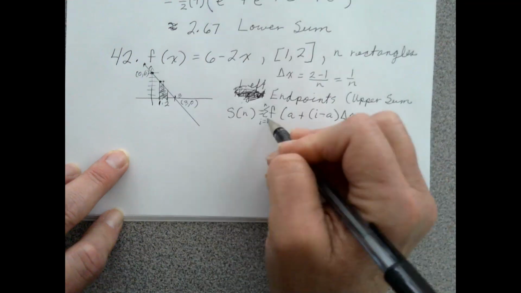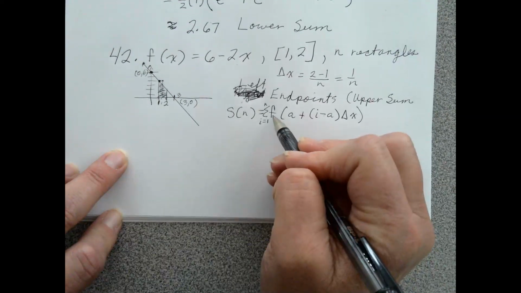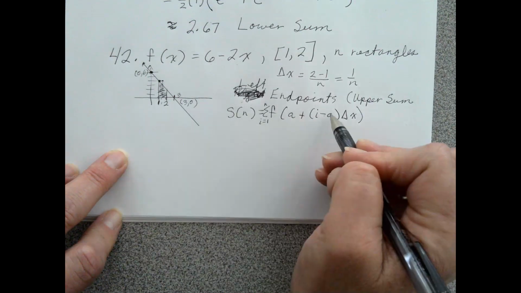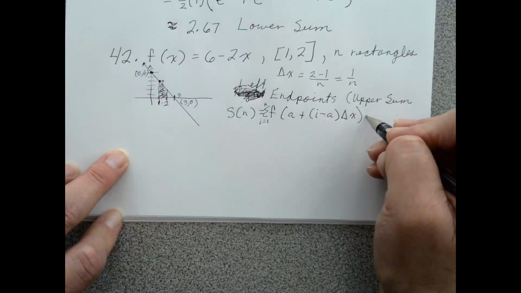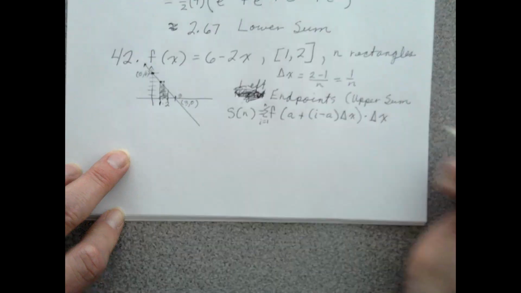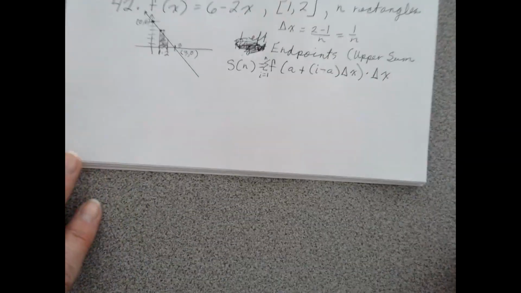That f is the height of each one, and then times the width of each one, which is delta x. Okay.